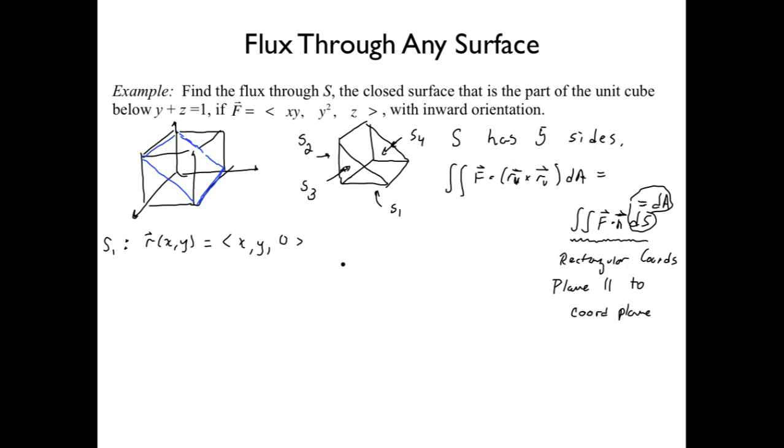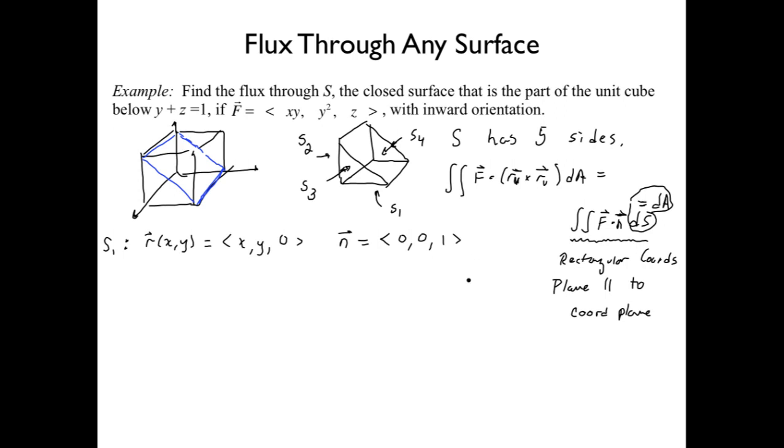So that's how we could parameterize that. What is N? Okay, and inward orientation will be 0, 0, 1 or 0, 0, negative 1? Inward orientation, so it'd still be 1, right? Positive 1. So you had it right the first time.